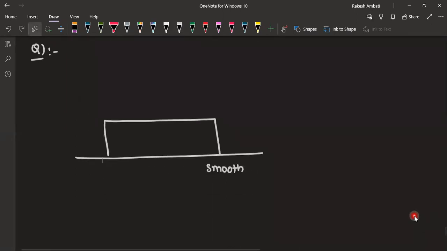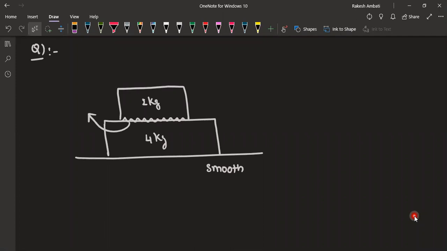So this block has mass 4 kg, and here this block has mass 2 kg. It is a rough surface. Mu is given as 0.16.